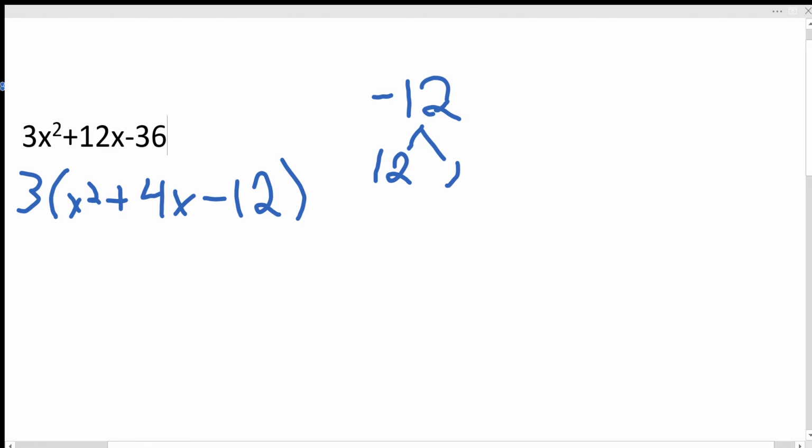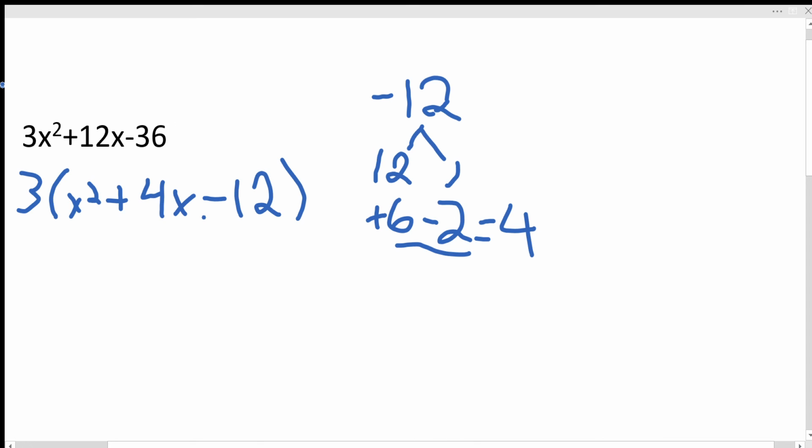We can see that we can only get 11 and 13 with those. So 6 and 2. Can we get 4 with 6 and 2? We can. So we know that it needs to be this pair. So if we want to get a positive 4, it makes sense that we'll want a positive 6 and a negative 2. Because positive 6 minus 2 equals positive 4, which is what we wanted over here.